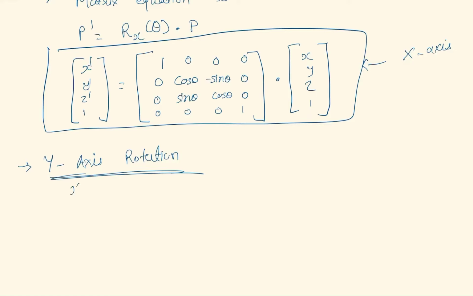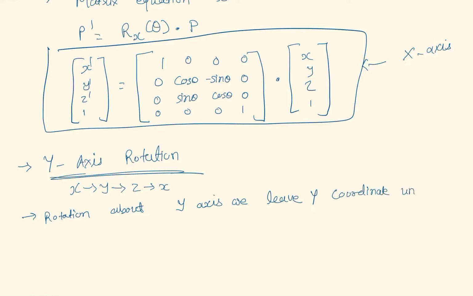So x, y, z and x, right? So for rotation about the y axis, we leave the y coordinate unchanged.